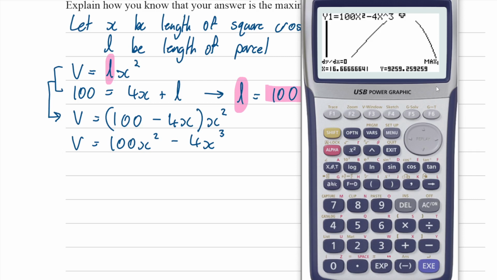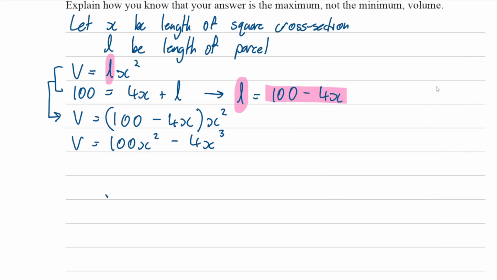But of course, we need to use calculus. So we know to find a maximum that's at a turning point which has a gradient of 0. So we need to find the derivative of volume with respect to x, the gradient function. So 2 times 100, and then subtract 1 off the power. 3 times 4, 12, subtract 1 from the power.